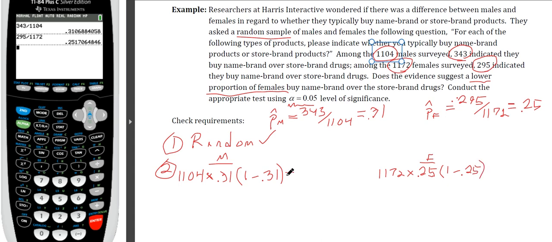So you need to find what both of these are. All right, so for males, we have 1104 times 0.31 times 1 minus 0.31. And for women, we have 1172 times 0.25 times 1 minus 0.25.